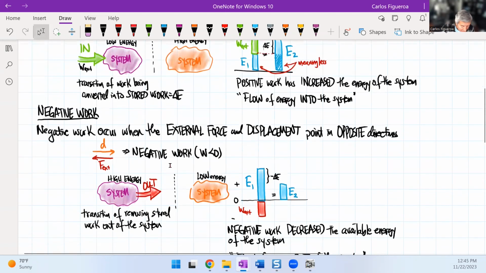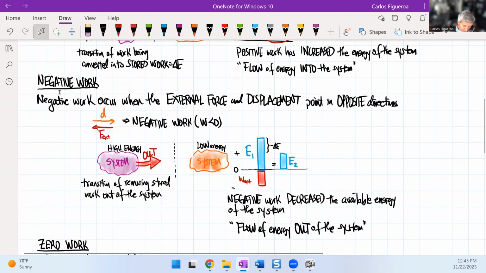In a very analogous way, we could say the same thing with negative work. Negative work is when the force and the displacement are in opposite directions, so this combination gives you a negative quantity.